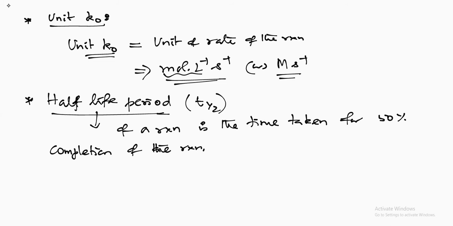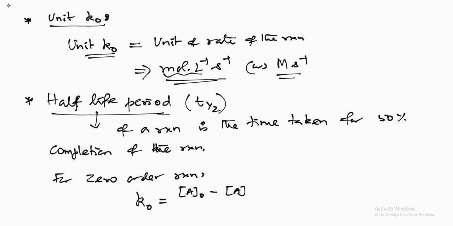Now, what is the half-life period expression for a zero order reaction? For a zero order reaction, what's the rate constant expression? You know very well, k naught equals initial concentration of the reactant minus concentration of the reactant at time t, over t.